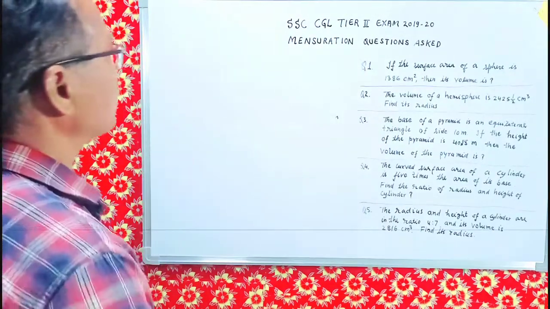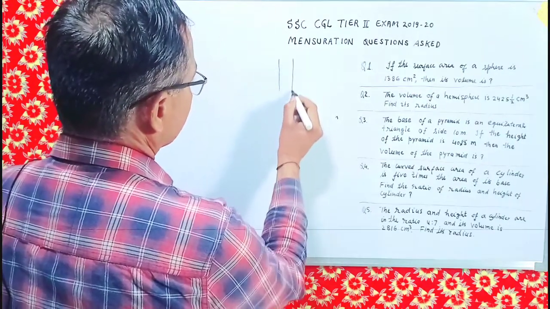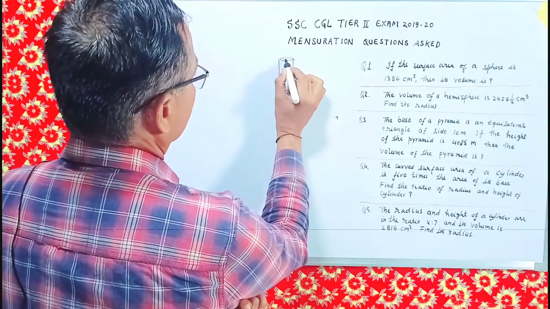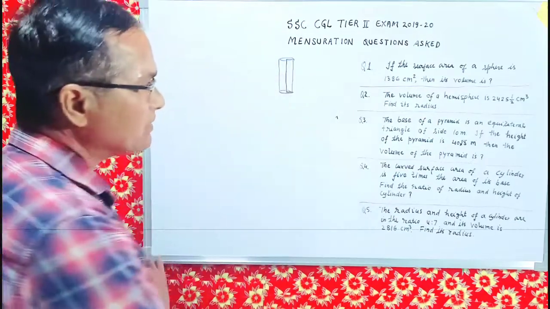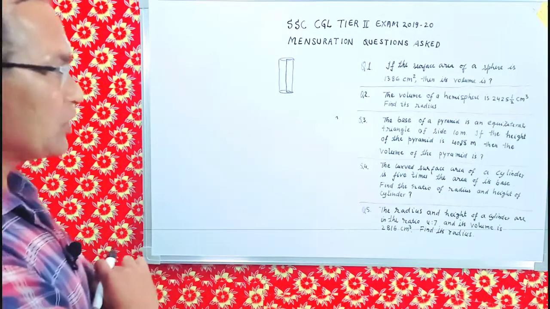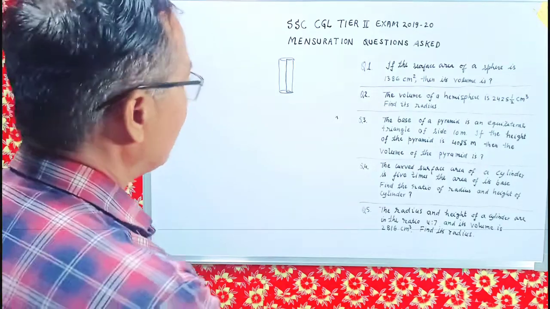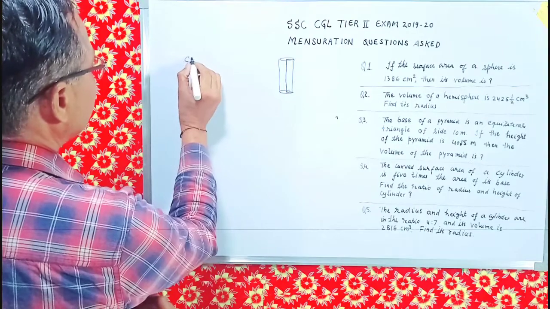तो बेलन क्या होता है? This is the बेलन. सरफेस एरिया पूछा गया है, कर्व्ड सरफेस एरिया. So this is the cylinder and surface area means CSA.